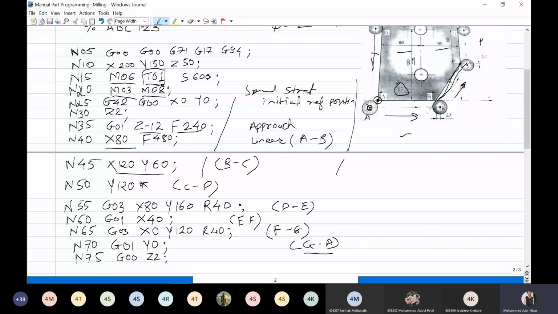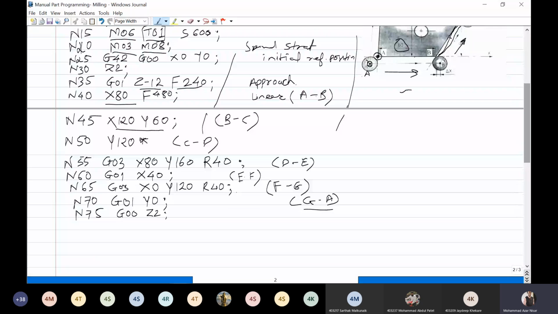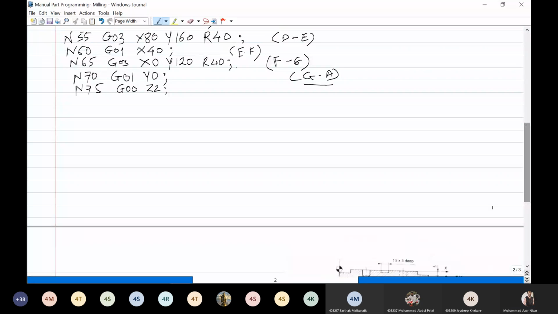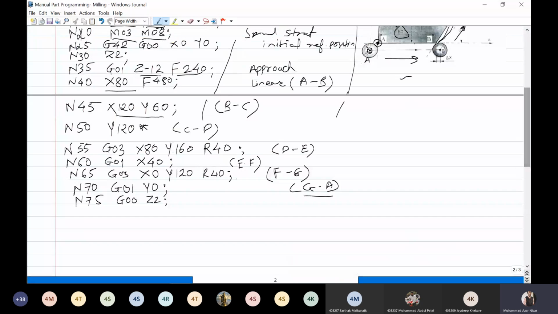The cutter will move just above this A point, about 2 mm from the surface of the plate. Now again you have to bring it back to the starting position. N80.